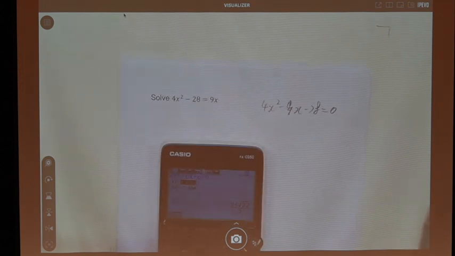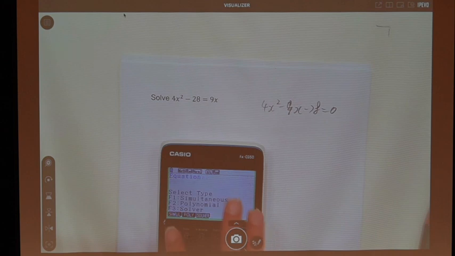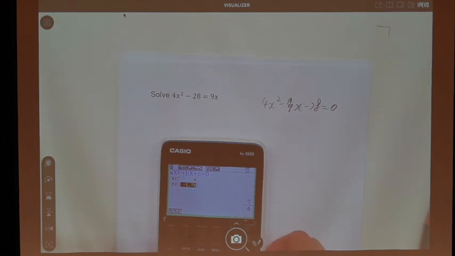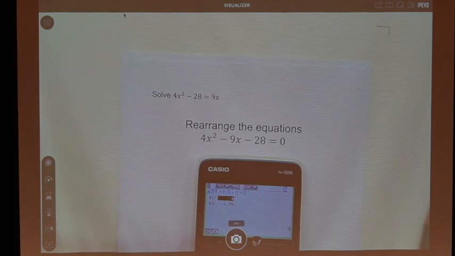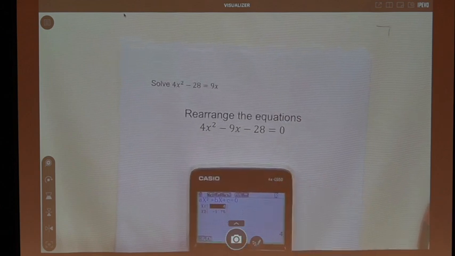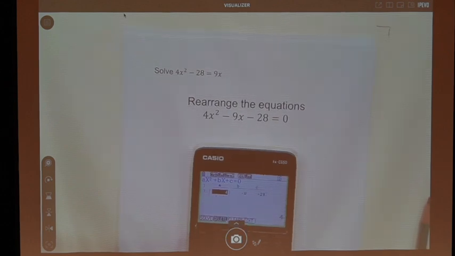And then we key in our calculator, so equation, polynomial, 2 degrees, second degree we call it, and then we plug it in. Exact value, decimal, and fraction is there. Done that? So here is the answer.